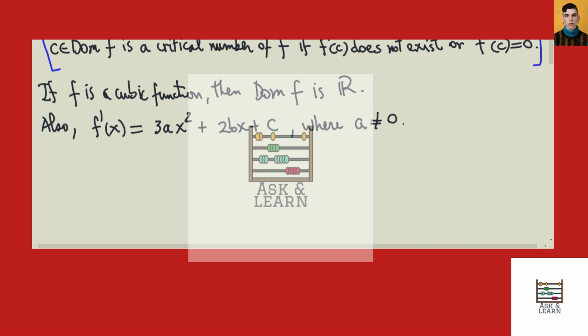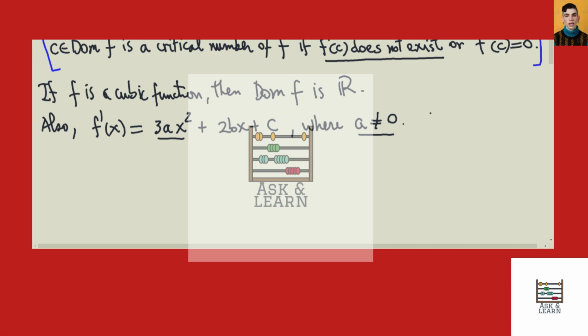Because a is not 0, this term is not 0, and then it's a polynomial of degree 2. But before saying that, we can see that this derivative is defined everywhere, that is for any real number x. It means that this possibility is not an option in this case.